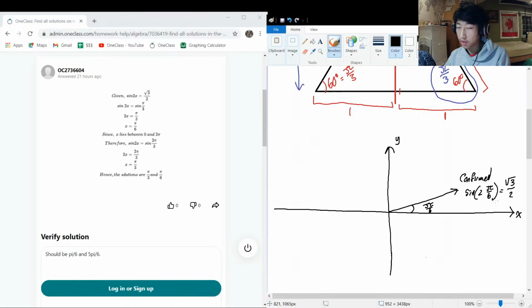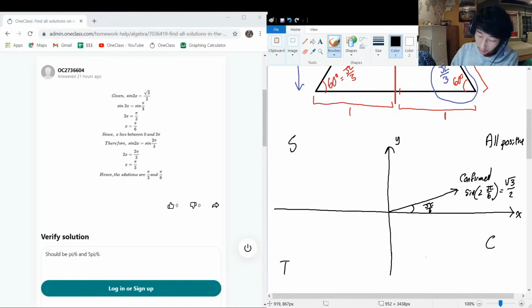So let me introduce you to something called the CAST rule. If you write out CAST like here, the first letter corresponds to who's going to be positive in these quadrants. So here, there's going to be all positive. Here, we're going to have sine positive, but tan and cos will be negative. Here, we'll have tan positive. And here, we'll have cos positive.